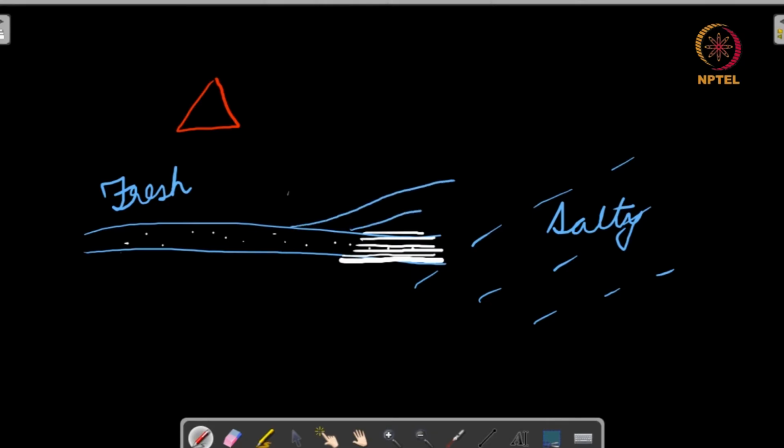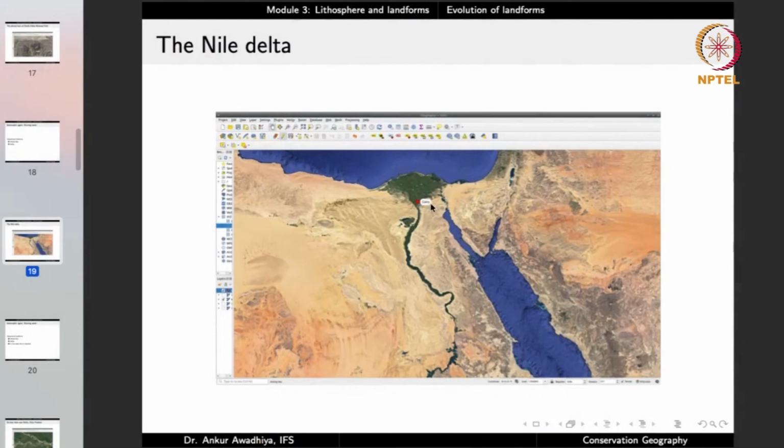The river will start to move like this, and then the river will perform a deposition here, and then slowly and steadily this area will also increase in elevation. The river will again change its course. It will move from some other area, and this process of changing the elevation and changing the course goes on and on, resulting in a number of distributaries in this area. So the river breaks down into a number of smaller streams, and this whole area becomes a delta.